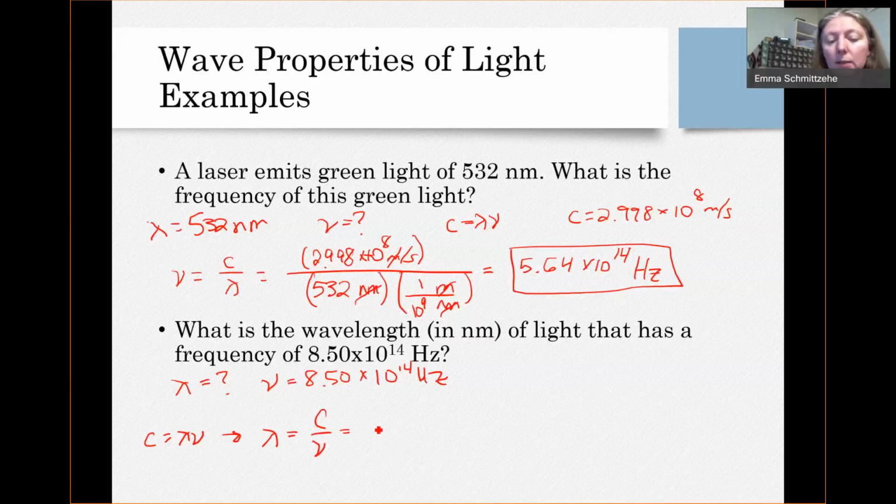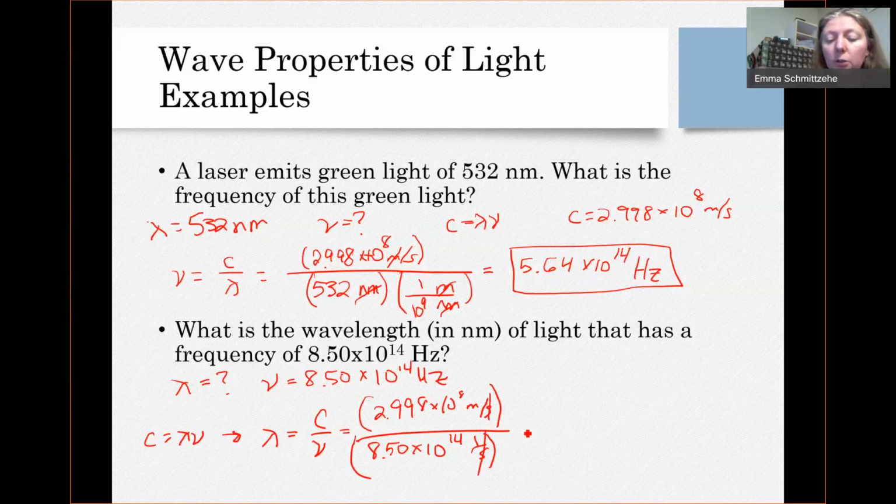So 2.998 times 10 to the 8th meters per second divided by 8.50 times 10 to the 14th hertz. And hertz is the same as 1/seconds, so if it helps you, you can swap that out, because that 1/seconds cancels with the 1/seconds on the top.